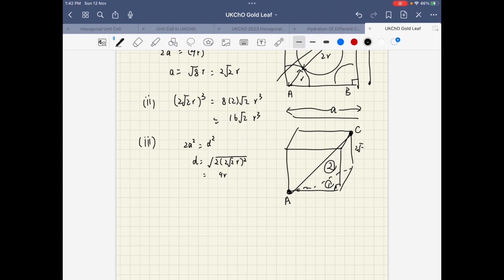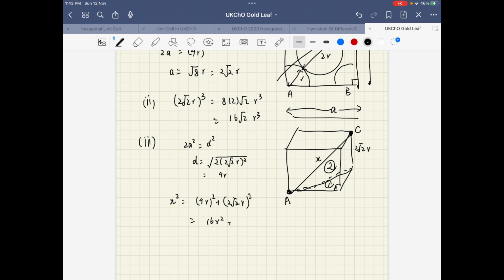And then this length is 2 square root 2R. So you'll be able to find the diagonal of this unit cell by using Pythagoras theorem on triangle 2. So I have, let's say this is x, I want to find x. So x squared is 4R squared, because it's this distance, plus 2 square root 2R and the whole thing squared.